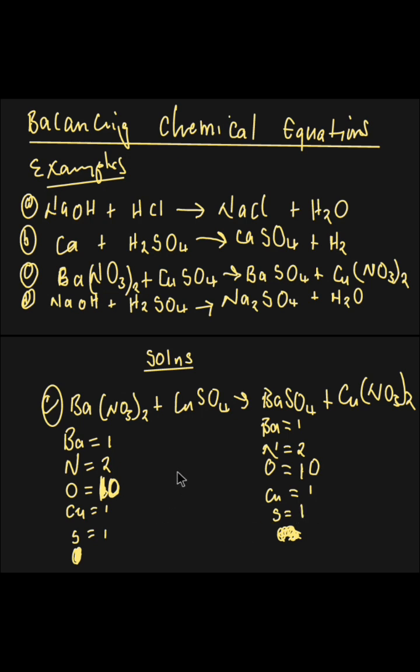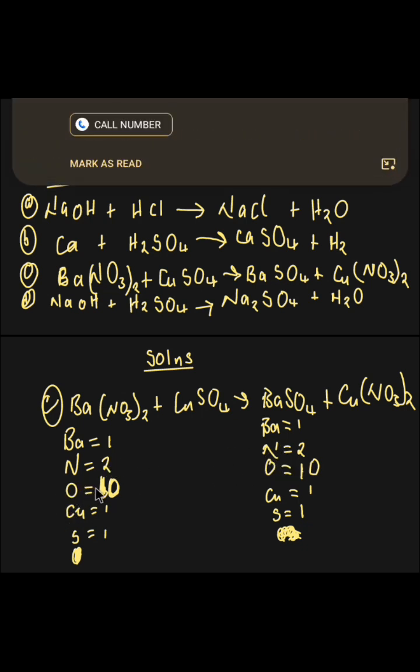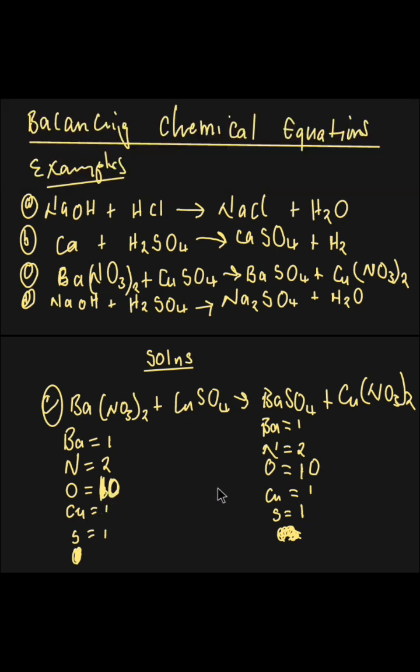So the only thing remaining there is simply comparing. So you compare, what do you have there? Barium 1. What about there? 1. Nitrogen 2. Nitrogen there 2, balanced. Oxygen, how many? It is also balanced. We have 10 there, oxygen there 10, copper 1, sulfur 1 also there.